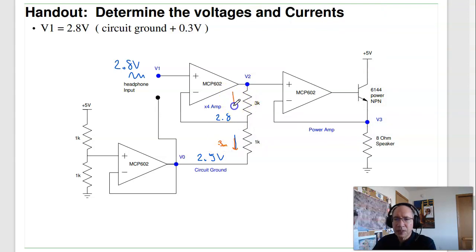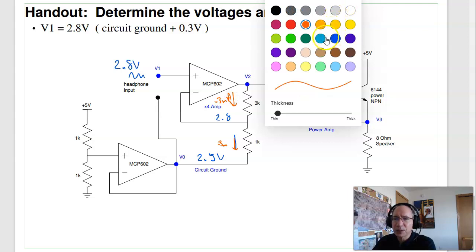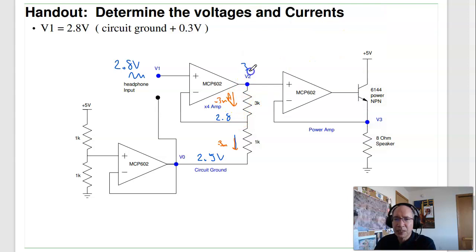That current has to come from up here. This is also 0.3 milliamps. 0.3 milliamps times 3K is 0.9 volts. 2.8 plus 0.9 is 3.7 volts. This is 3.7 volts. And if that's a 0.7 volt drop, this is 4.4 volts.